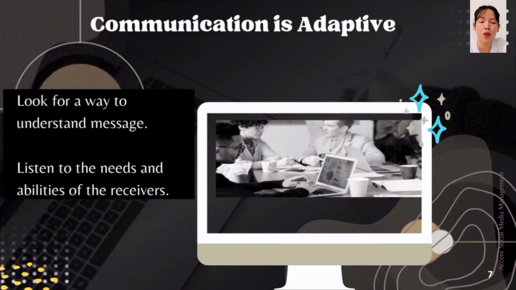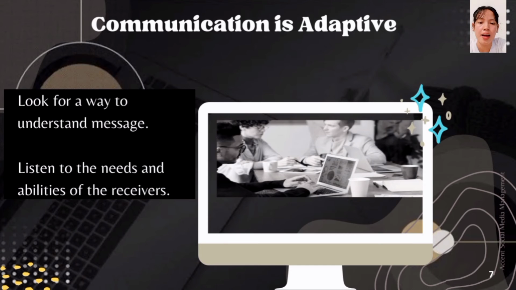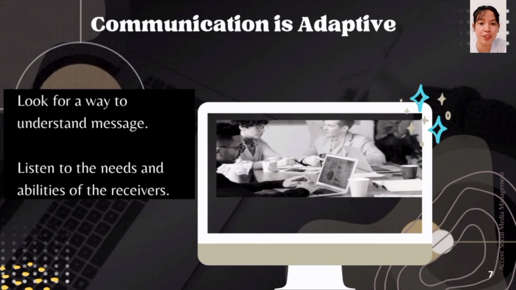Then we move on to communication is adaptive. As sender, we need to look for a way that the receiver could understand our message. One of the best examples for this is when you're working as a tourist guide, and it happened that most of your clients are Korean people.